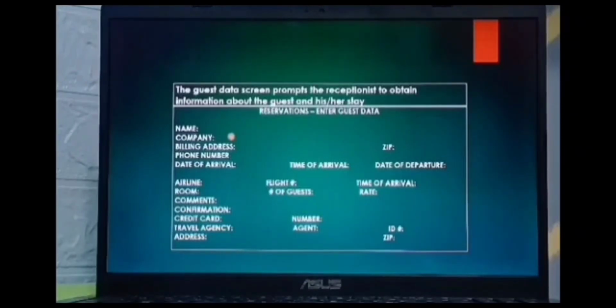Why we need to put here the travel agency also? Travel agency is an agency that makes the necessary arrangement for travelers, especially for booking of airline tickets and hotel rooms.